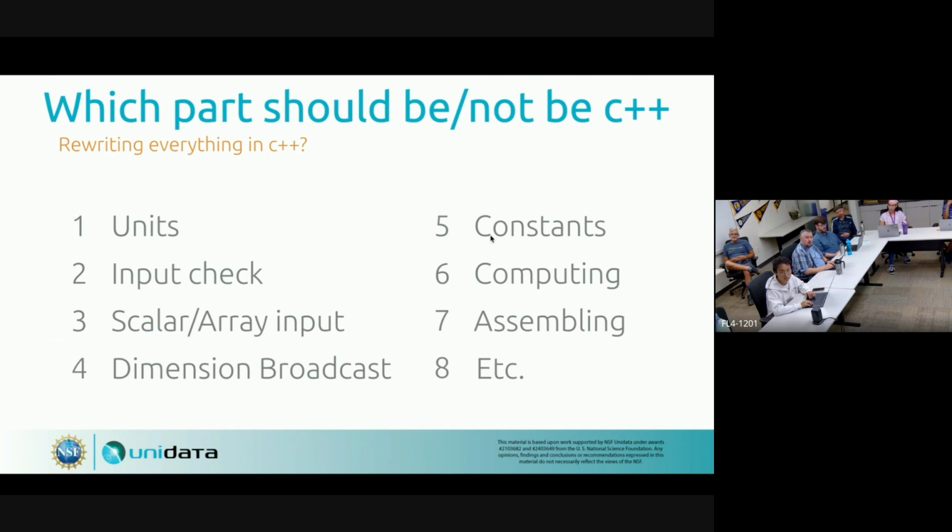We also have all the constants already built in Python, but we need to retrieve them and use them in the C++ function. And this is the core section, the computing. And finally, sometimes we need to assemble different values together to give the user a collection of values instead of just a single value.